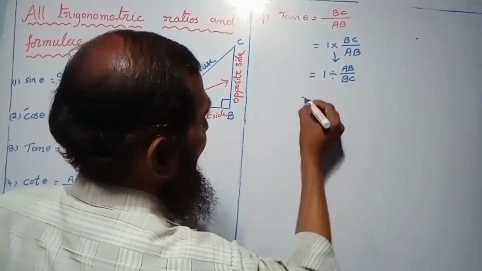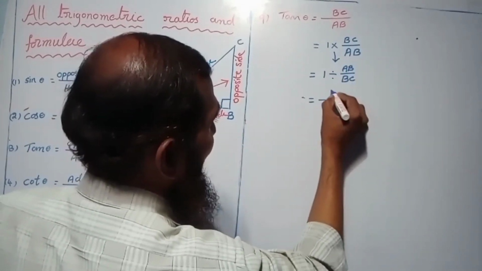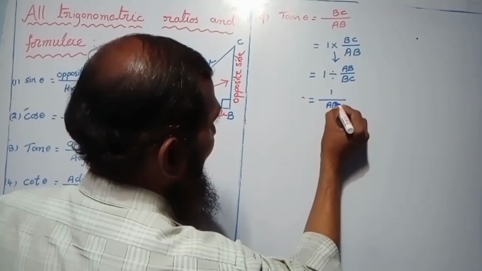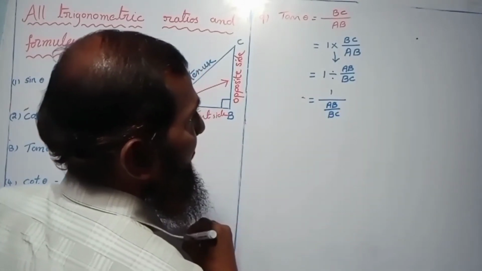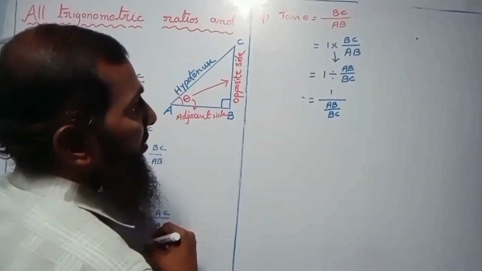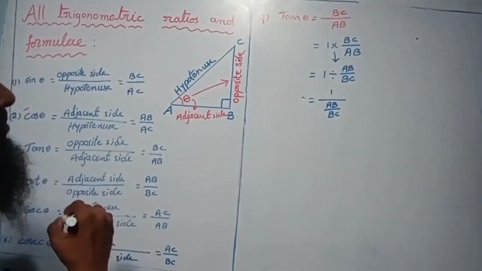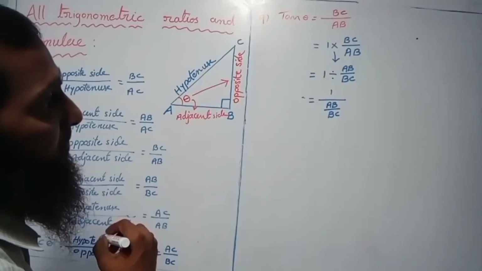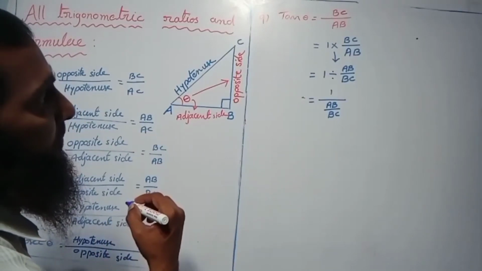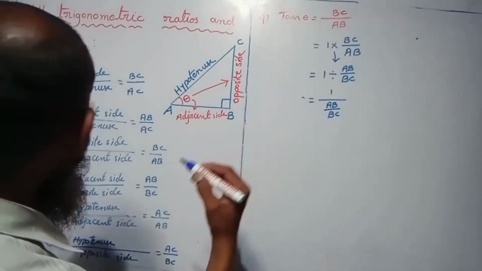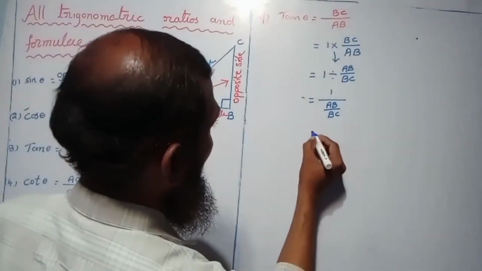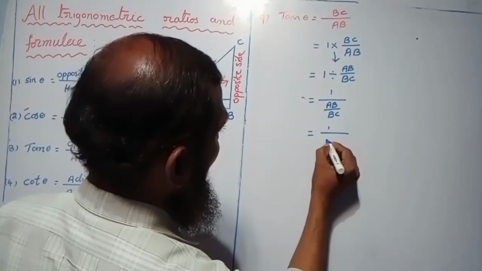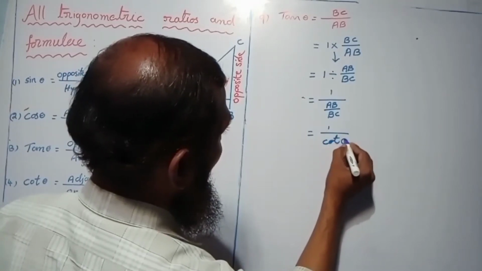That equals 1 upon AB by BC. So 1 upon AB by BC. What do you call AB by BC here? See here, AB by BC means cot theta. 1 upon cot theta.